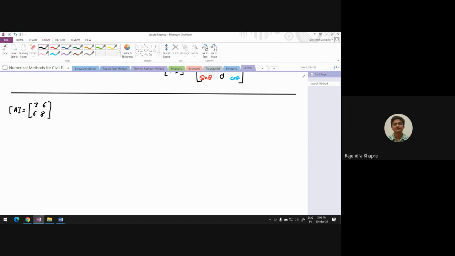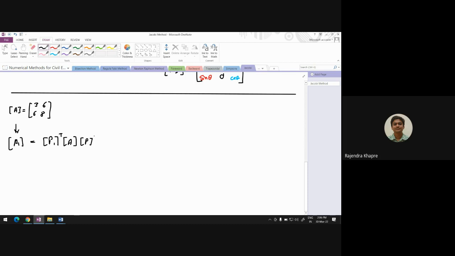We are trying to convert a given matrix into a diagonal matrix. So when I say diagonal matrix, that 6 has to be gone. Basically this A has to be converted into A1, where A1 would be a product of P1 transpose into A into P.